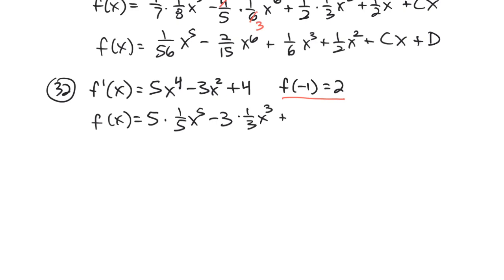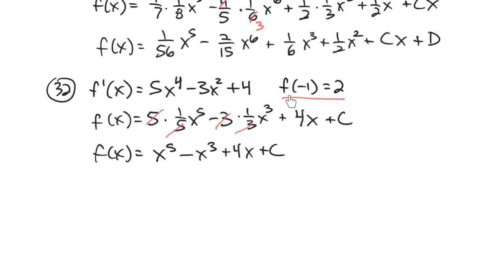And then the antiderivative of 4 is 4x, right? Because the derivative of 4x is 4. Then we have our plus c. So to clean this up, you're going to see that these cancel. So we get x to the 5th minus x cubed plus 4x plus c.